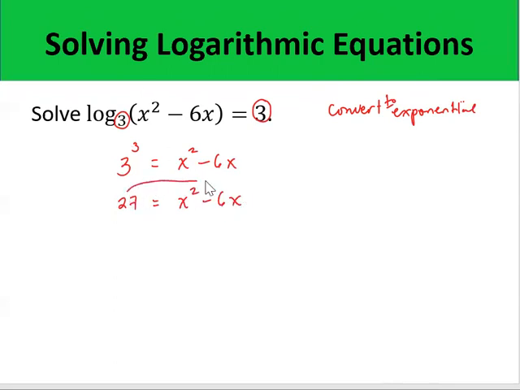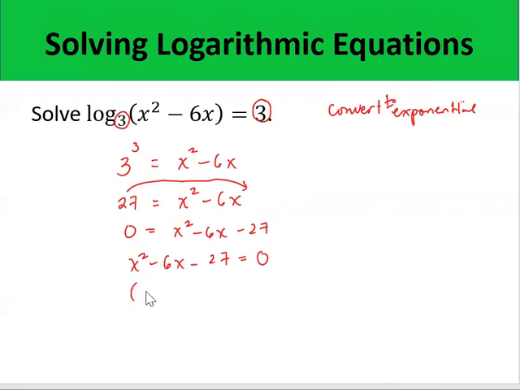Now, transposing 27 to the right side, we get 0 is equal to x squared minus 6x minus 27. Or we can write this as x squared minus 6x minus 27 is equal to 0. So since this is a quadratic expression, we will use either factoring or completing the square or the quadratic formula.